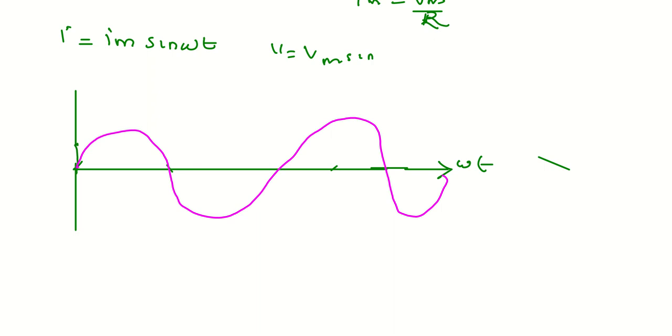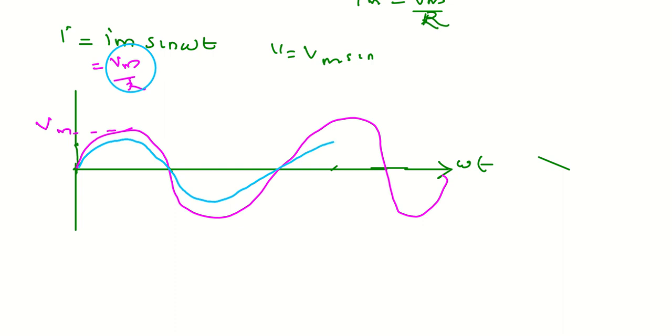This represents voltage, the peak value Vm. We know that Im is equal to Vm divided by R, so that will be given by a smaller sine wave. The magnitude is less, but the phase is same.